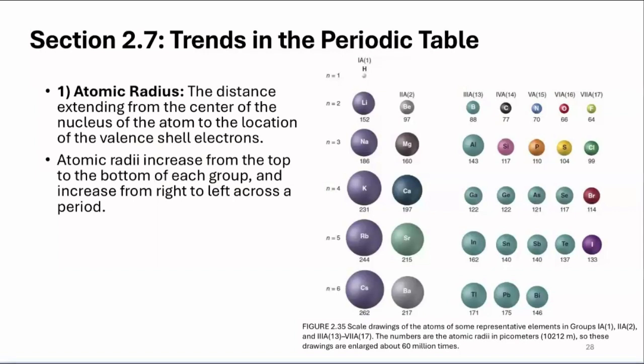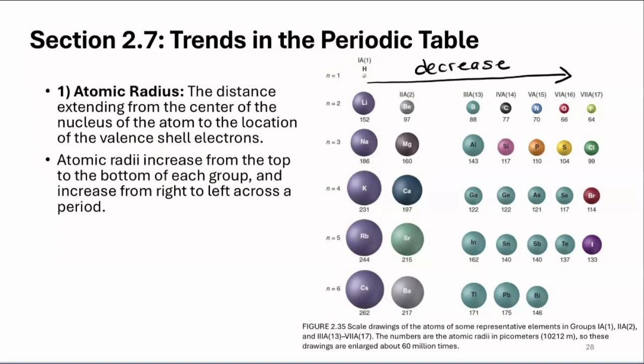The trend in the periodic table, specifically for atomic radius, as we can observe here, is that as we move across a period from left to right, the atomic radius is going to decrease.